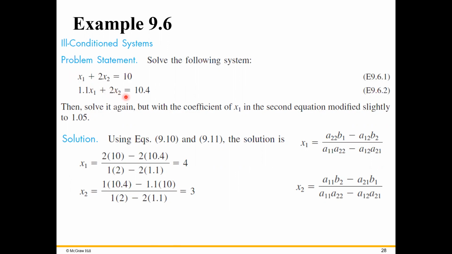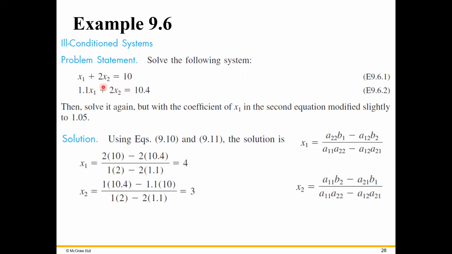This is just a 2 by 2 matrix, so we can easily find its determinant, and also the determinants in the numerators needed for x1 and x2.